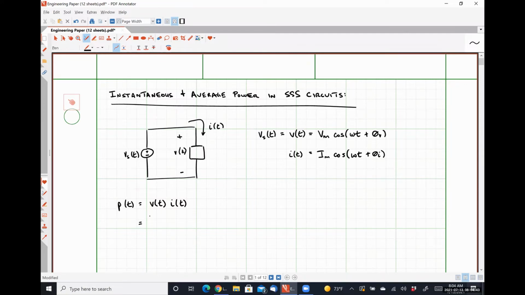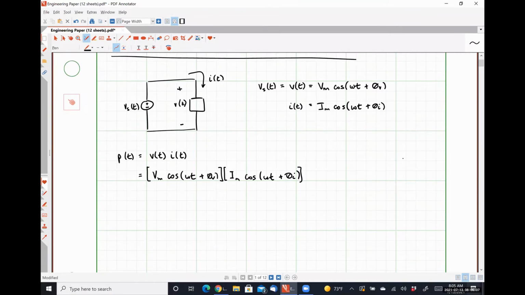So that is going to look like Vm cosine omega t plus theta v multiplied by Im cosine omega t plus theta I.